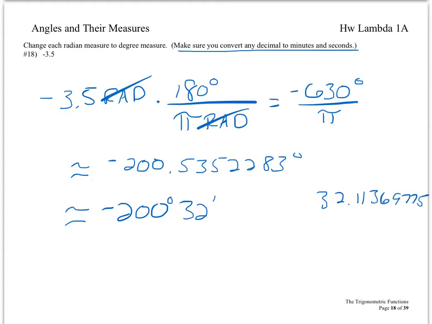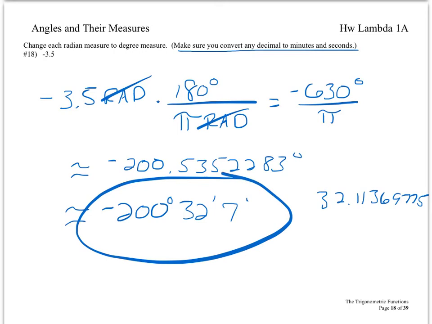I'm now going to take this decimal and multiply it by 60. That gives me 6.8. Rounding to the nearest second, that would be 7. Seven seconds. Two hash marks for seconds.